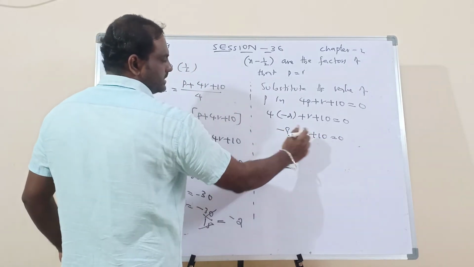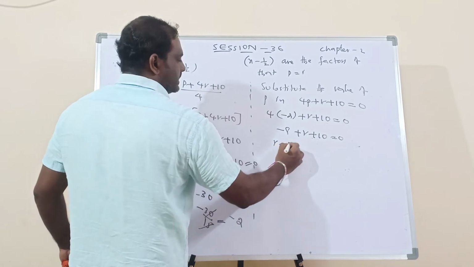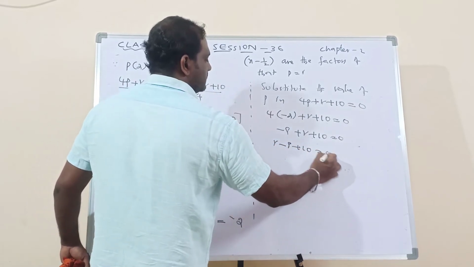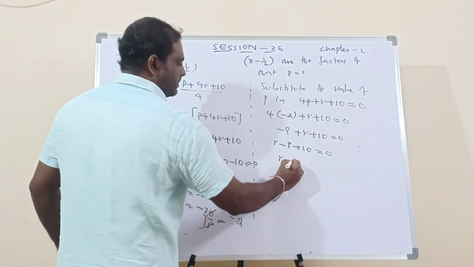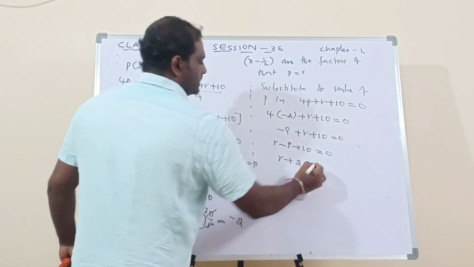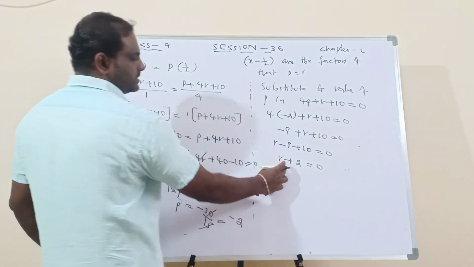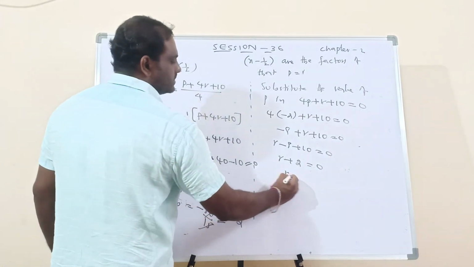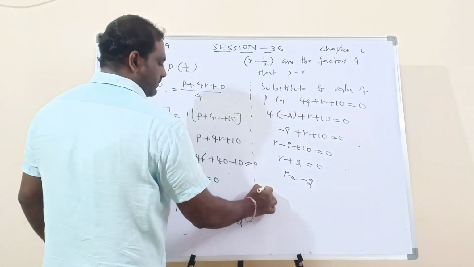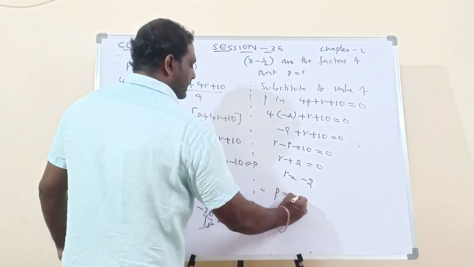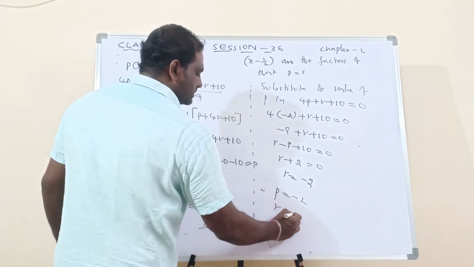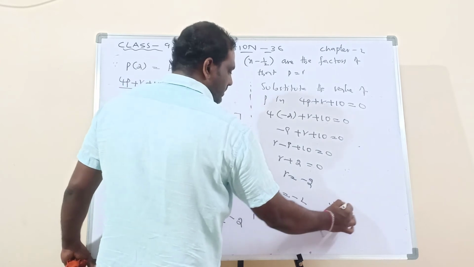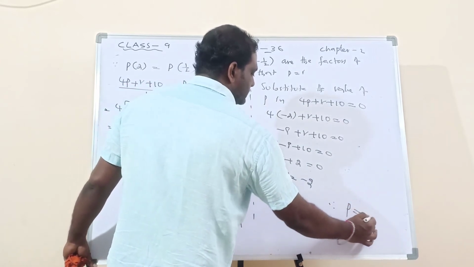So I can write r minus 8 plus 10 is equal to 0. R plus 2 is equal to 0. Why r plus 2? Minus 8 plus 10, it is plus 2. Now r is equal to minus 2. So therefore p is equal to minus 2 and r is equal to minus 2. Therefore we can say that p is equal to r.